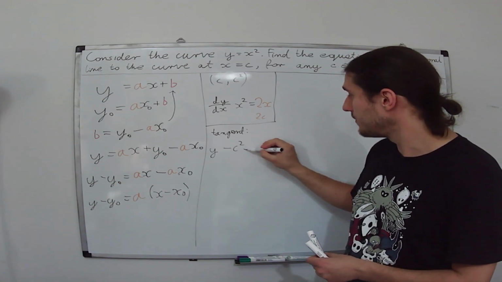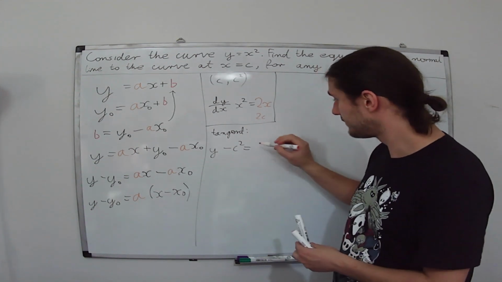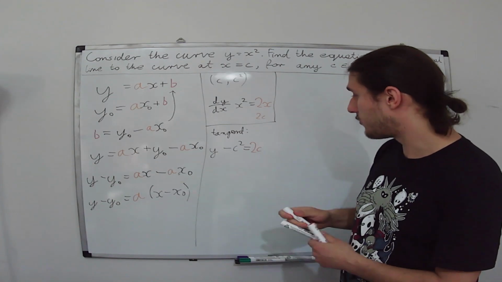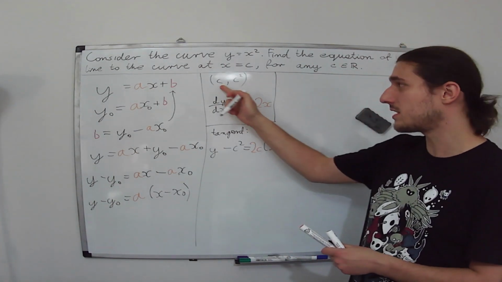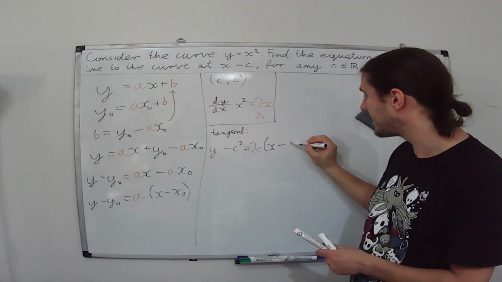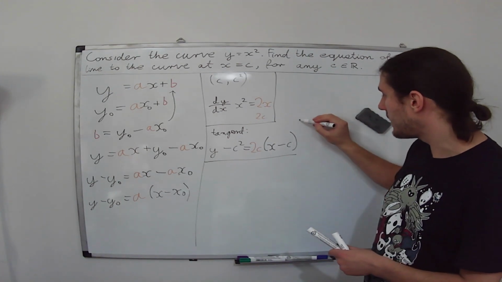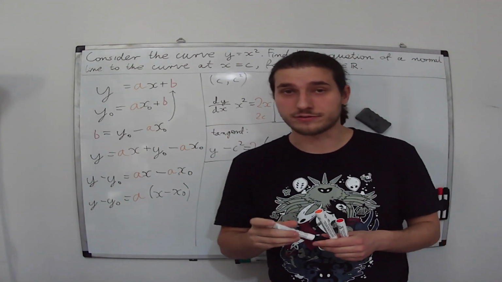That all equals 2c, which is our gradient, and in the bracket, it's going to be x minus, what's our x in this scenario? c. So this is the equation for the tangent to our curve.